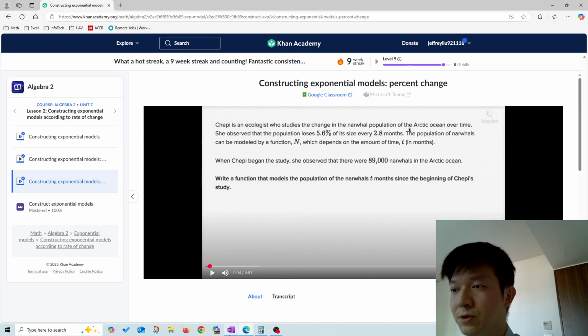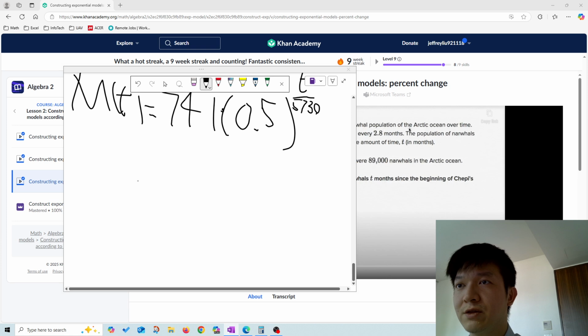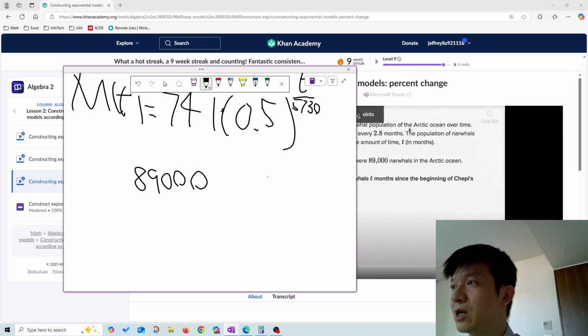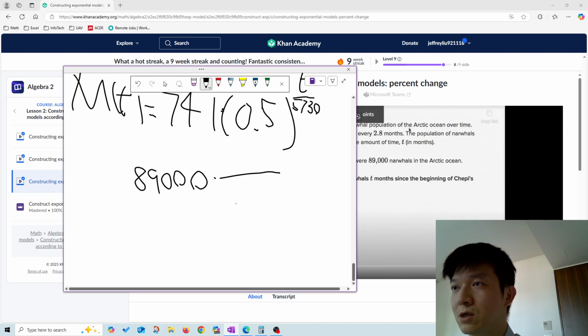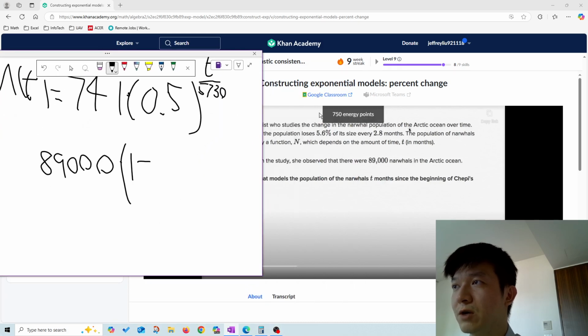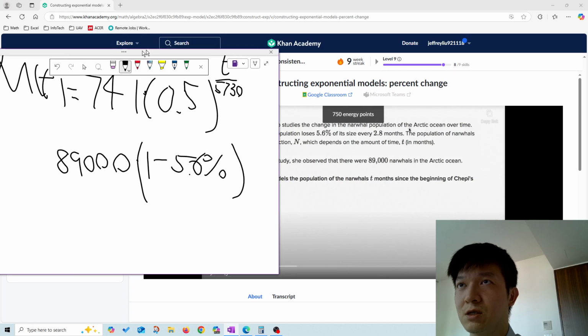Okay, so 89,000 is our initial amount of animals, population of animals, and we don't know our rate yet, so our rate is gonna be 1, right? That's the original 1, right? Minus 5.6, I believe, 5.6%, right? 5.6%, and then that's it.